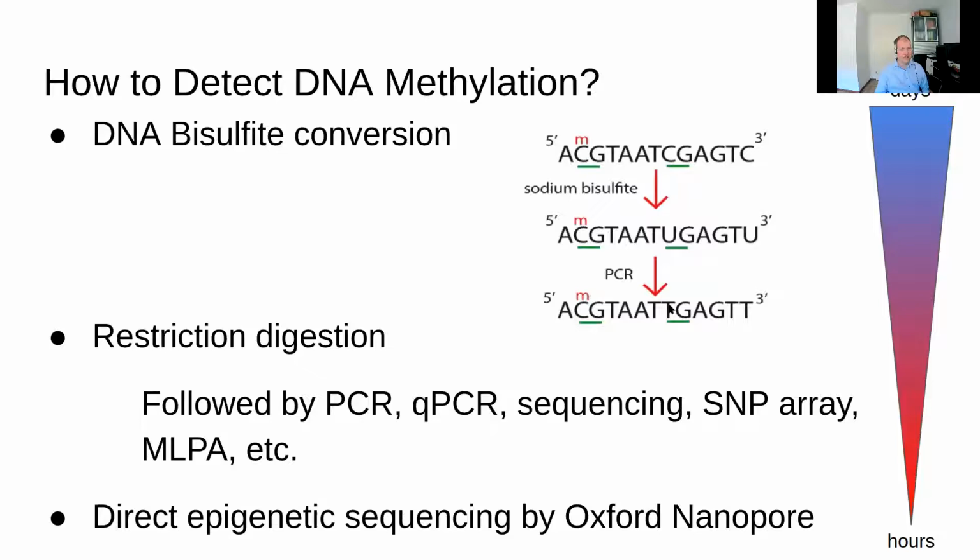Hence you generate SNPs, and these SNPs could then be detected by any common technique like PCR, qPCR, sequencing, or SNP arrays, as is the Illumina BeadChip array. Or you could also have MLPA, for instance, with methylation-specific restriction endonucleases.